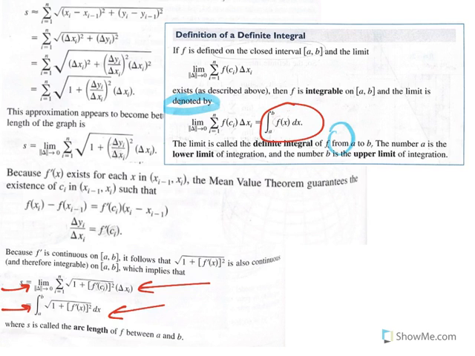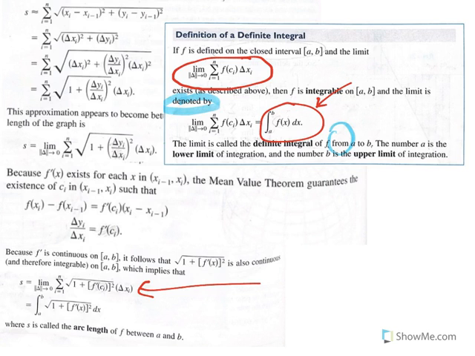Again, what is a definite integral? If this limit exists, that's a definite integral. A definite integral is the limit of a Riemann sum as the norm of the partition approaches 0. And that's what we have here. And we know that limit will exist because we can analyze this particular function to be continuous, and continuity implies integrability.